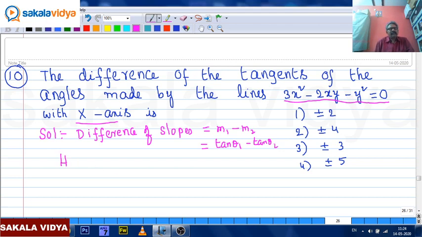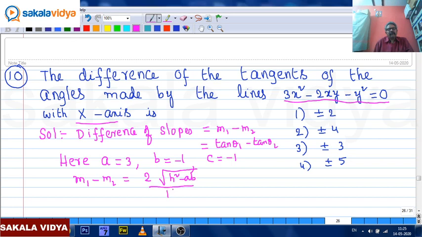So here, comparing with ax square plus 2hxy plus by square is equal to 0, a is 3, b is minus 1, h is minus 1. Am I correct? So we need to find m1 minus m2, 2 root of h square minus ab upon mod b. If you remove this mod, you may get plus or minus.